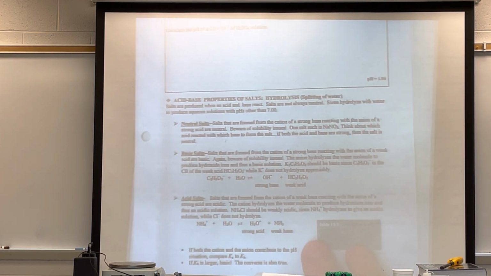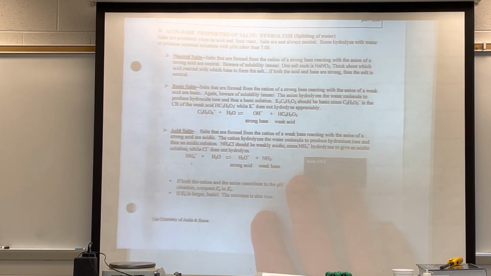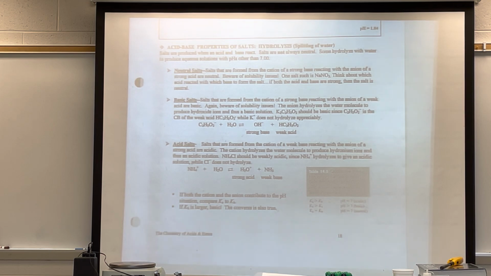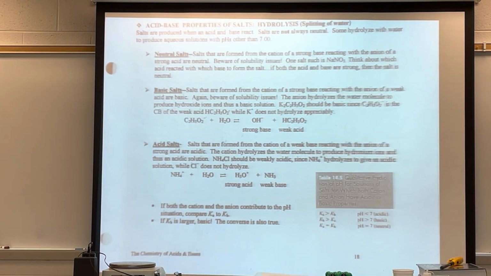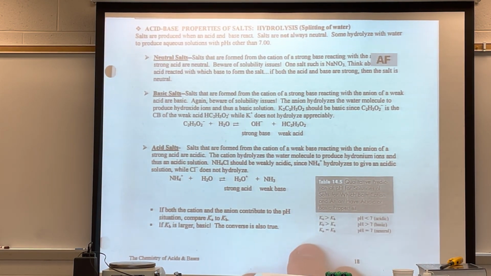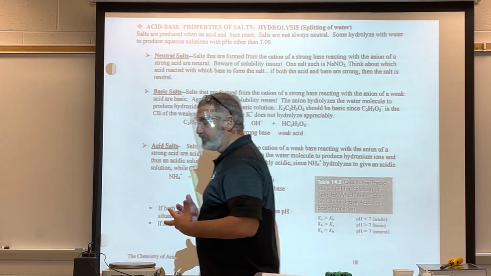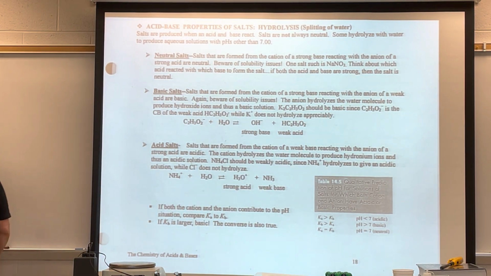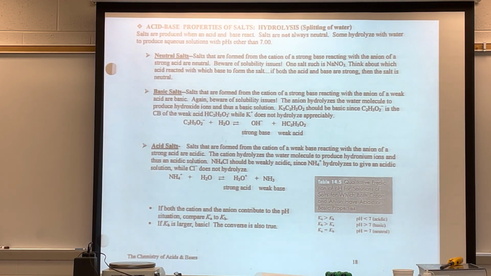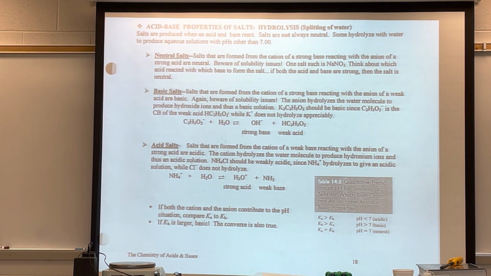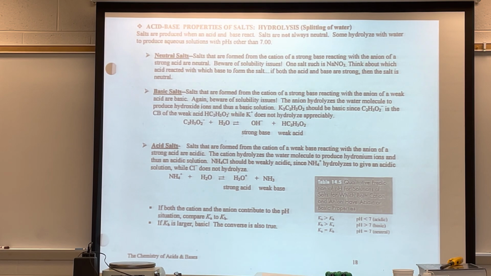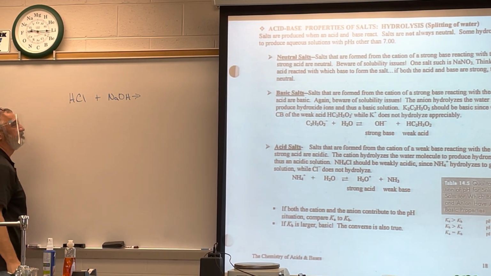All right. So the acid-base properties of salt. It all has to do with the strength of the conjugate acids and conjugate bases of the salts that we're combining. So if I take HCl and I combine that with NaOH, what am I going to make?